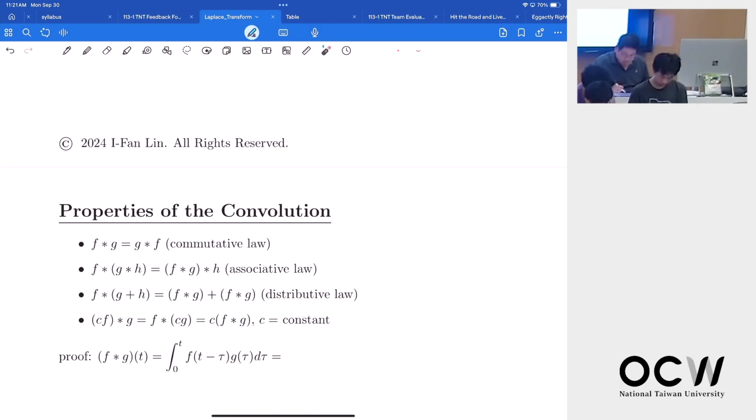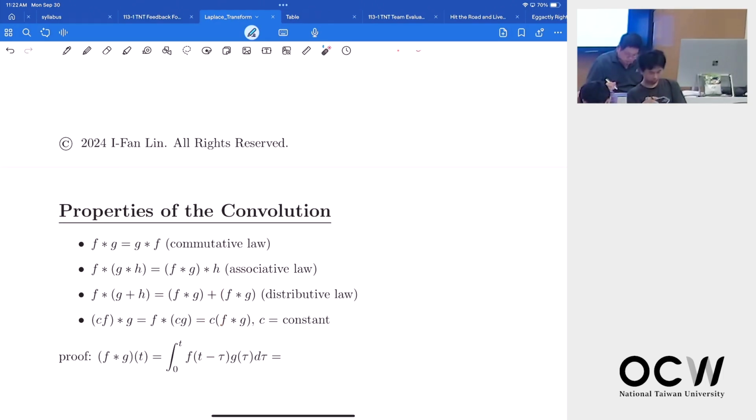And the distributive law: if I have 3 functions, and 2 functions are added together and convolved with the other one, then I can do the convolution first, followed by the summation. If I have a constant c, this constant c could be in the f function or the g function, or you can just put this c after the convolution. You still get the c here.